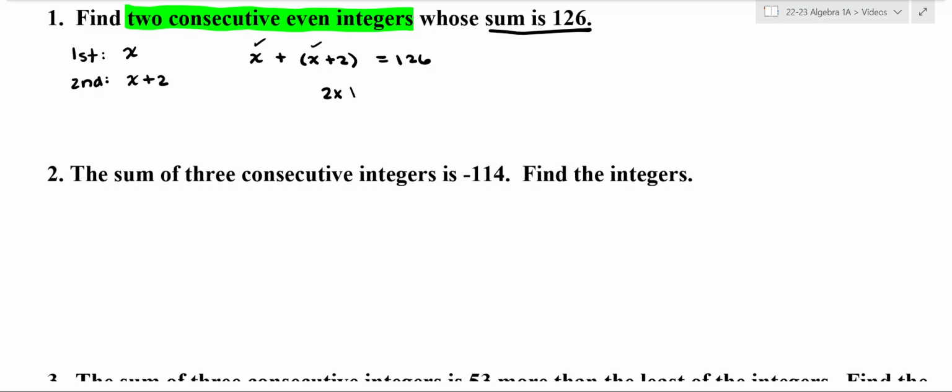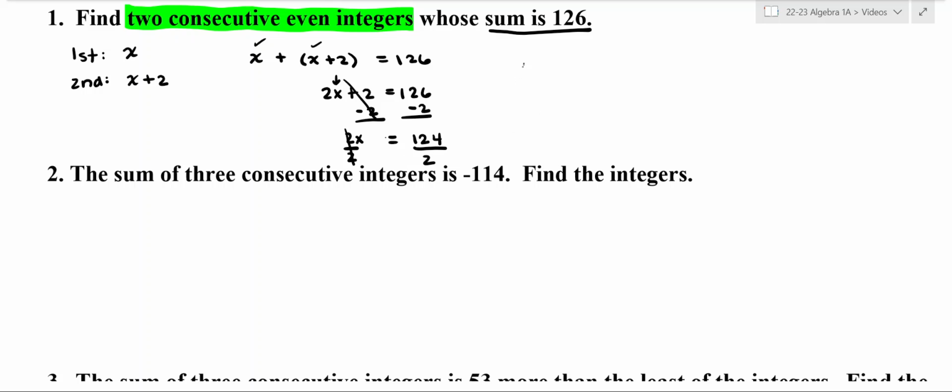So that's 2x plus 2 equals 126. I want to solve for x, so I have to subtract 2 on both sides of the equal sign. So I have 2x equals 124. The final step to isolate the x is to divide both the left and the right by 2.